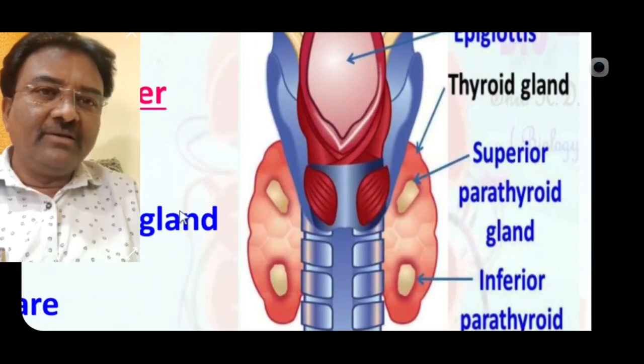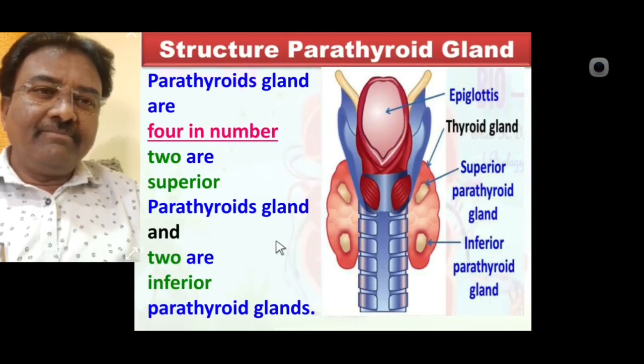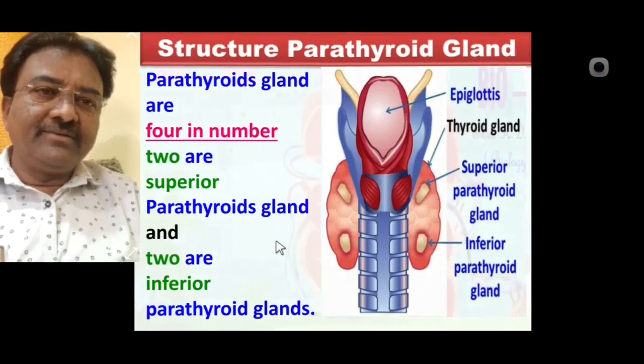So a total of 4 parathyroid glands are present on the back side of the thyroid gland lobes.